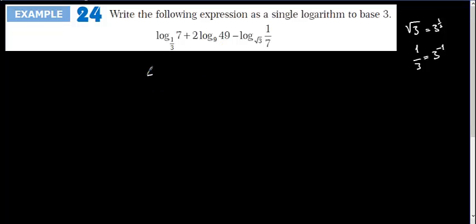So this expression is going to be equal to logarithm base 3 to the power of minus 1 of 7, plus 2 times logarithm base 3 squared of 49, minus logarithm base 3 to the power of 1 over 2 of 1 over 7.